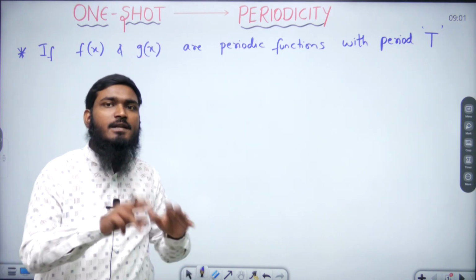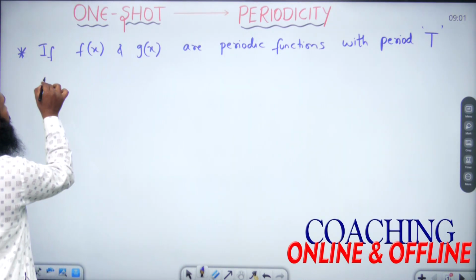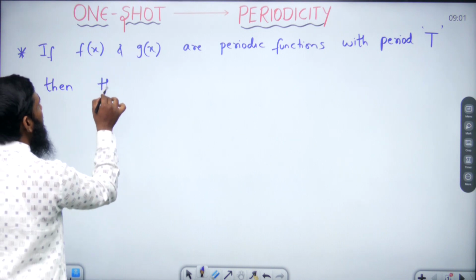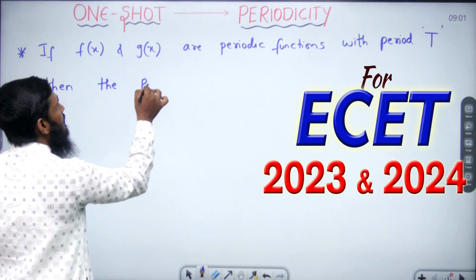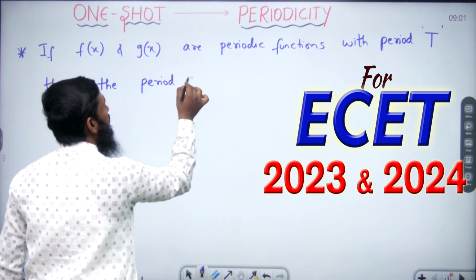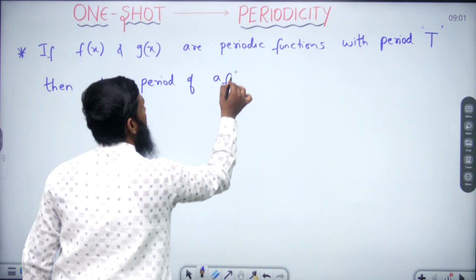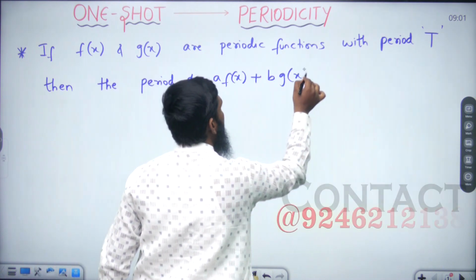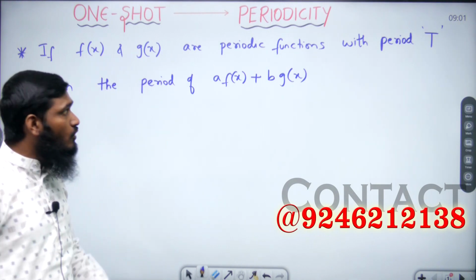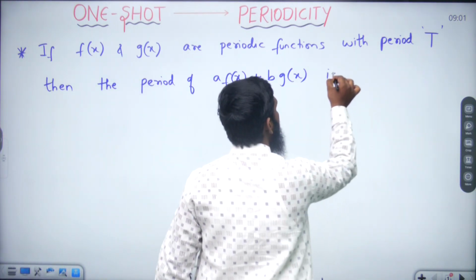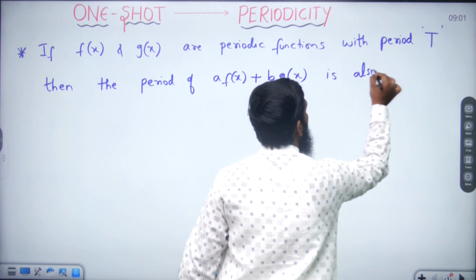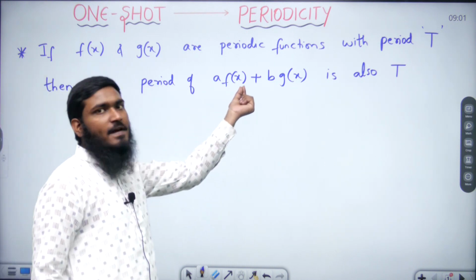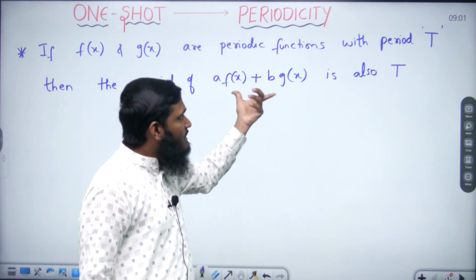If we have the same periods for the two functions, then what can we say? The period of a into f of x plus b into g of x is also t, where a and b are constants.